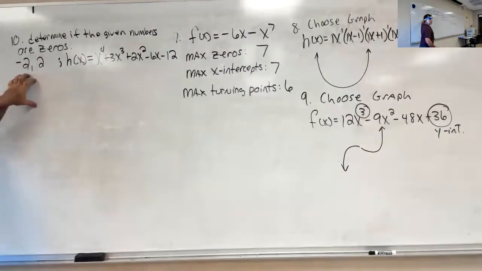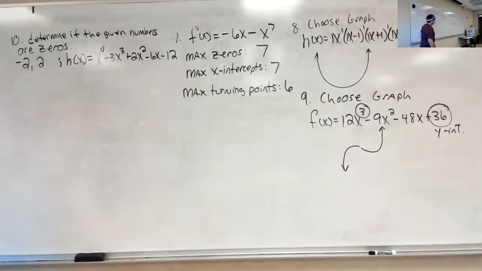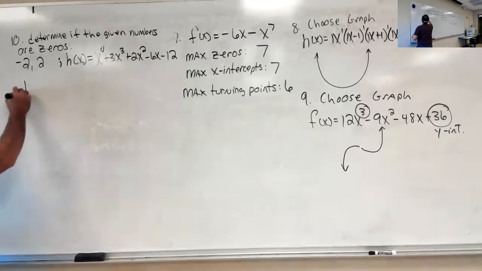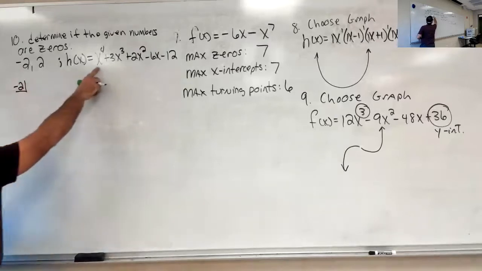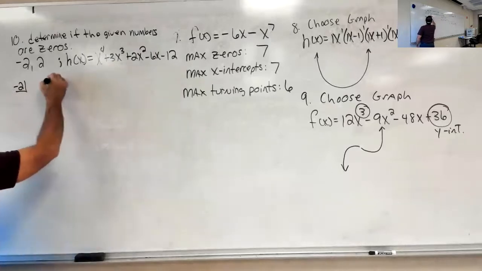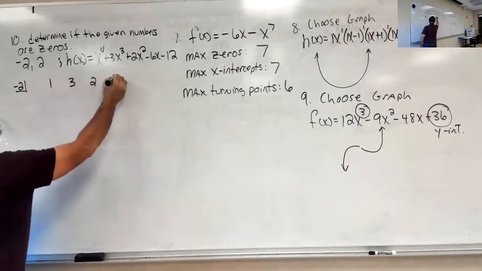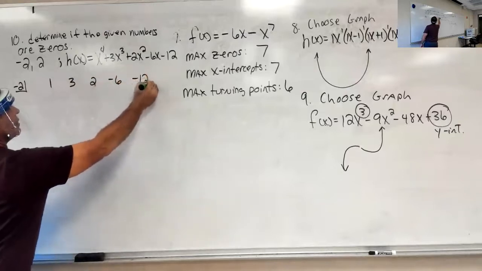And if it's going to be a 0, my remainder better be 0. Okay? So I'm going to check the -2 first. Now my coefficients, all my places are here, so I'm just going to write my numbers. 1, 3, 2, -6, -12.